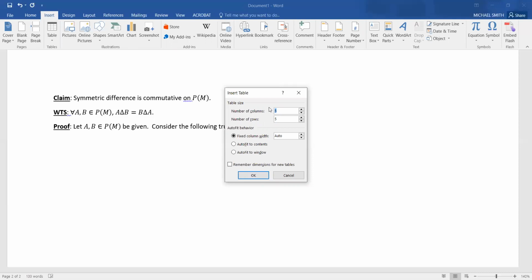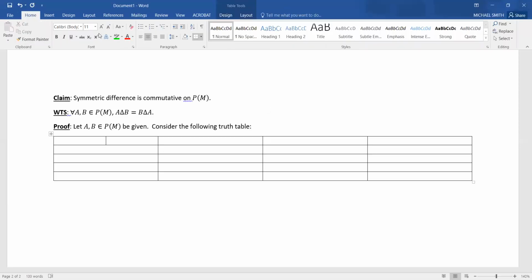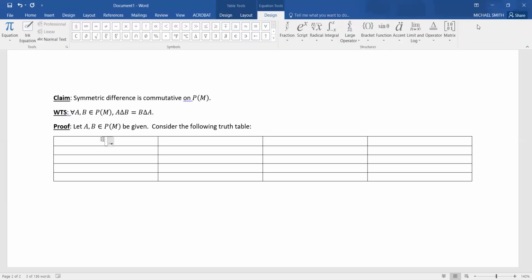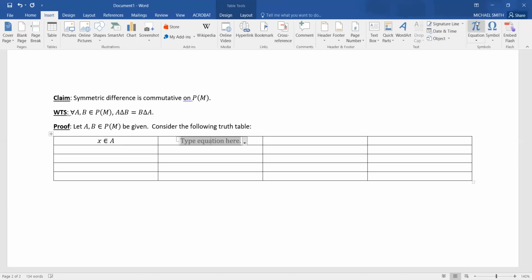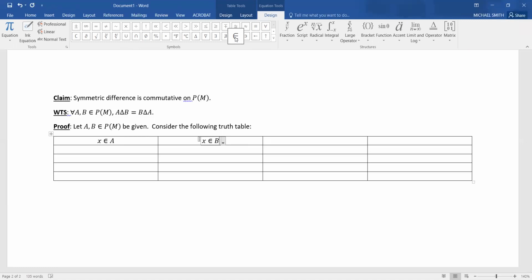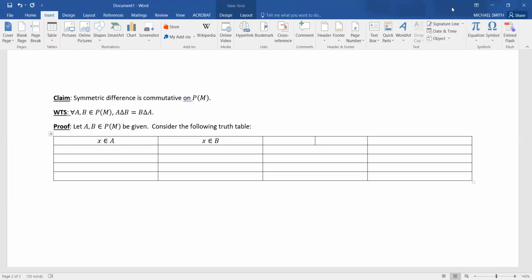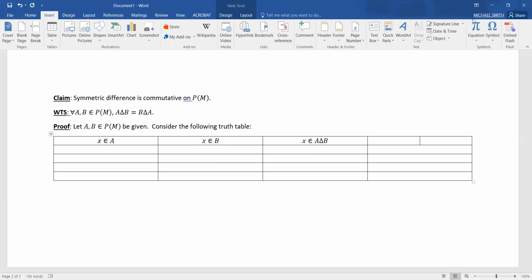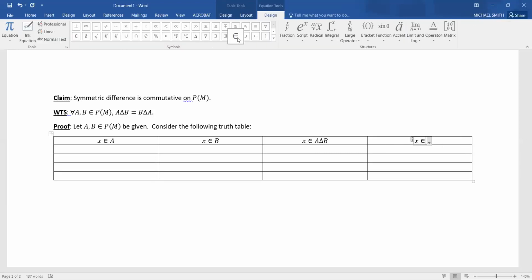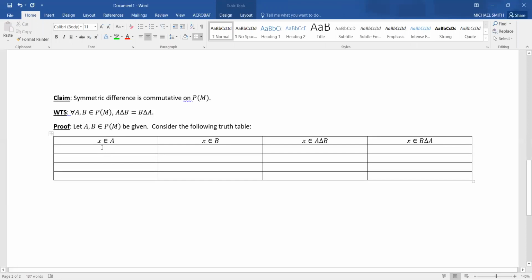For x is a member of A, x is a member of B, x is a member of A triangle B, and x is a member of B triangle A. So our truth table is going to look like x is a member of A, x is a member of B, x is a member of A symmetric difference B, and x is a member of B symmetric difference A. Now, these first 2 columns, for x being a member of A and x being a member of B, are our independent propositions.